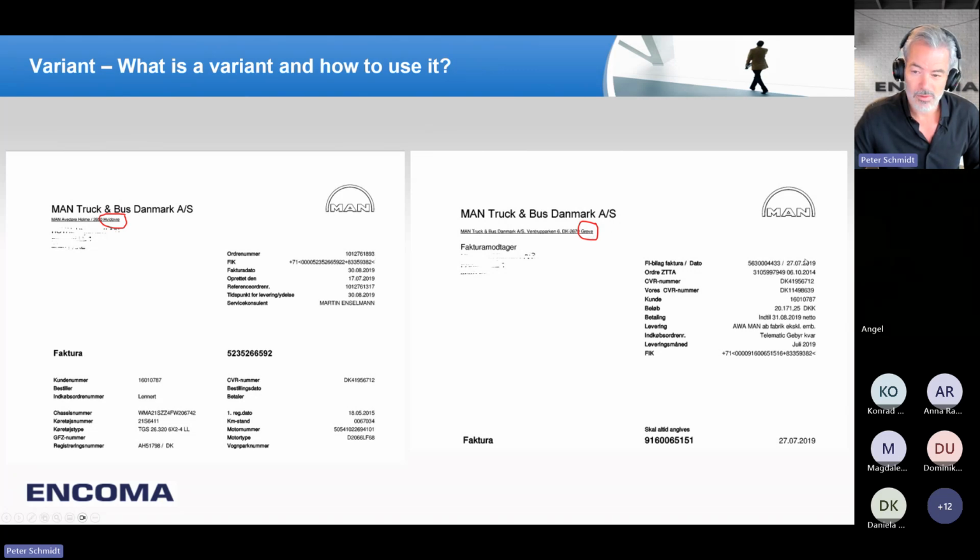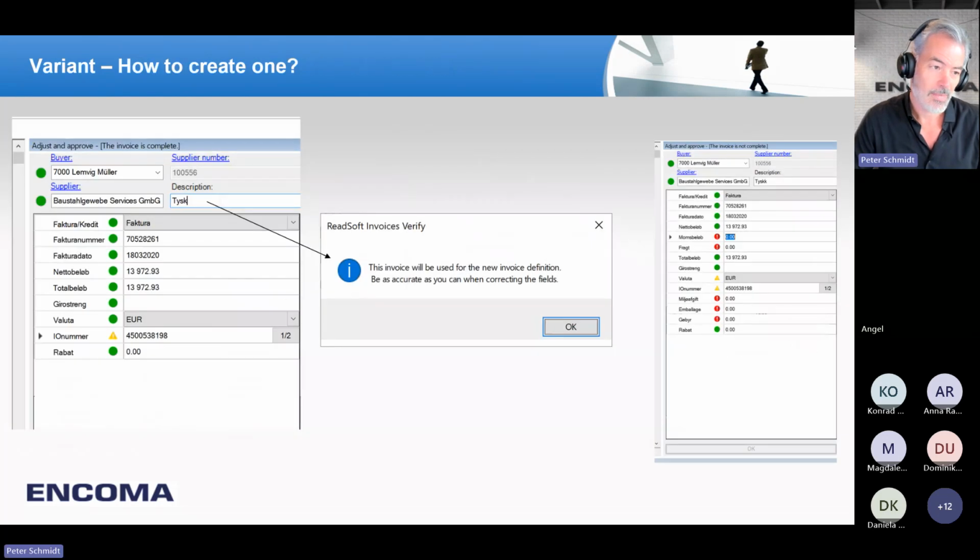But when you receive it from Greve, you will get a quite funny invoice order number because it's a date on this one. So in order for you to handle these kind of different layouts for the same supplier, you have to create what we call a variant. And a variant simply means you have more than one definition for one supplier.